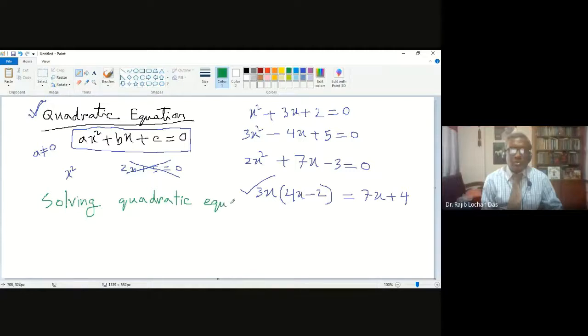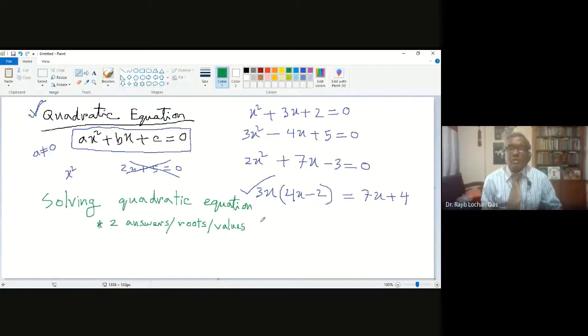I will show you. If you solve, you will get two answers for x. You can say two roots, two values, two solutions.